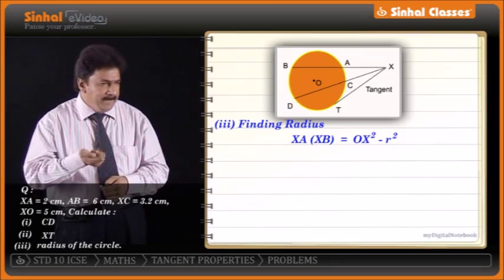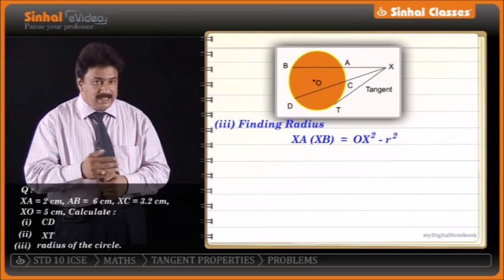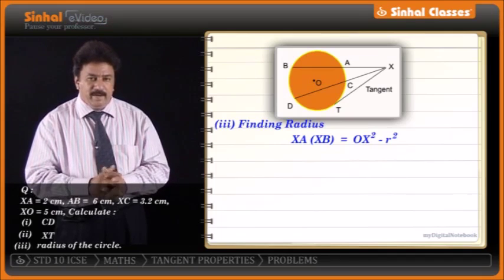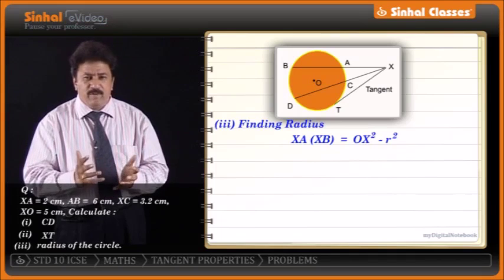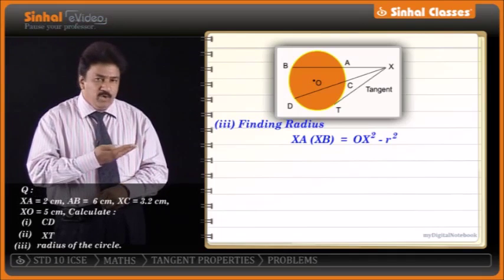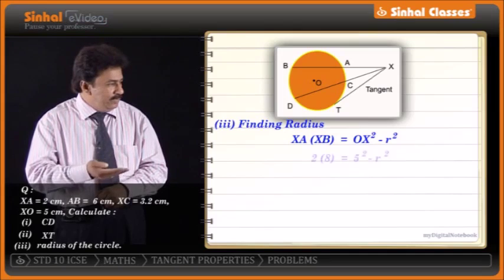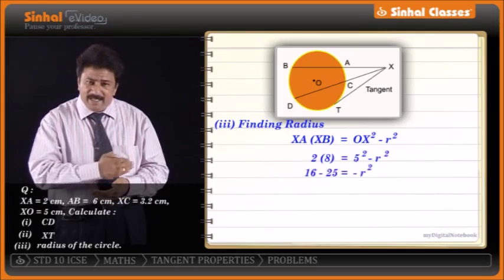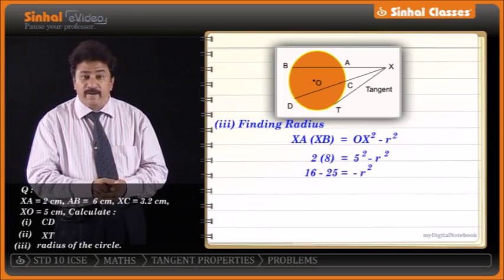I repeat once again. XA into XB is equal to OX square minus R square. By putting the values into the formula, I get 2 into 8 is equal to 5 square minus R square. 16 minus 25 is equal to minus R square.